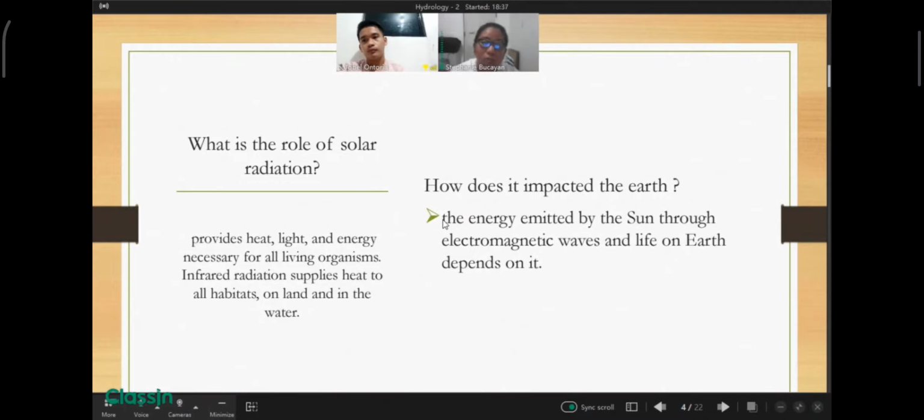Besides containing the oxygen that human beings and other organisms need to live, the atmosphere has other features such as absorption of ultraviolet radiation from the sun by the ozone layer, and heat retention known as the greenhouse effect.